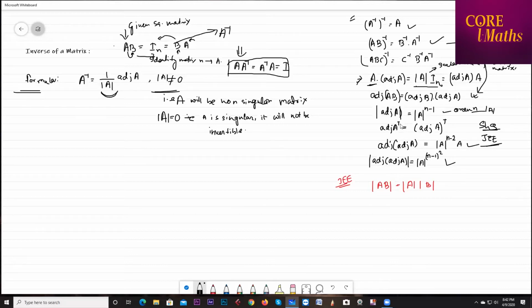Here adjoint of A transpose is nothing but adjoint of A whole transpose. The result will be the same.